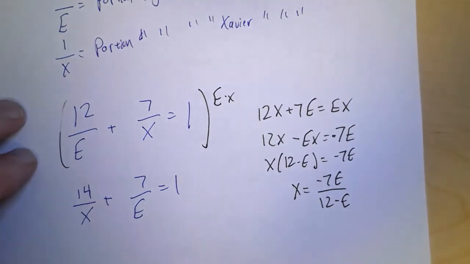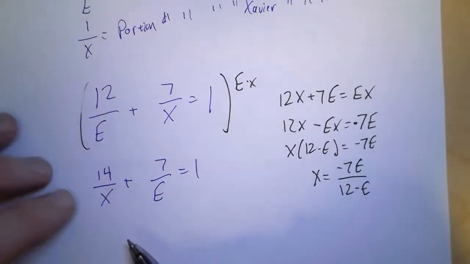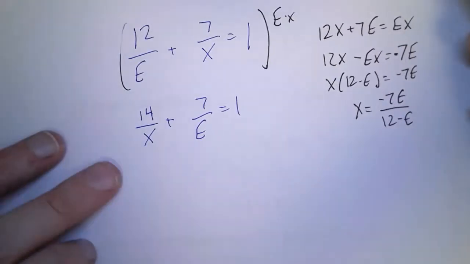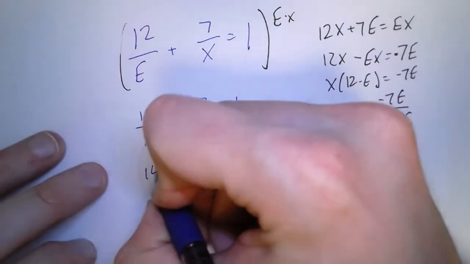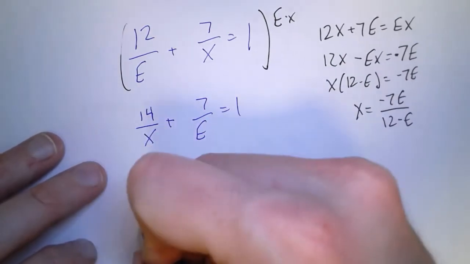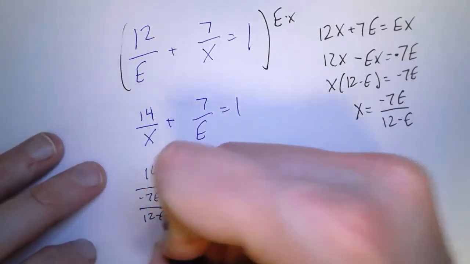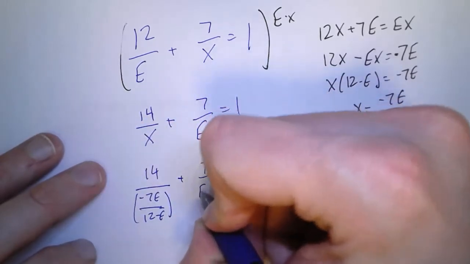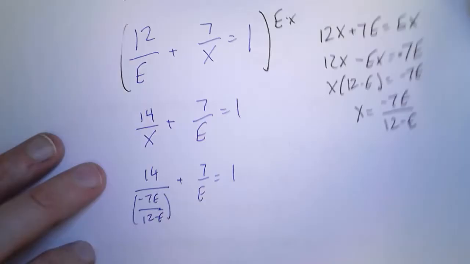Now what we can do is we can then substitute that back into this equation here. So in place of x, we put negative 7E over 12 minus E, plus 7 over E equals 1.